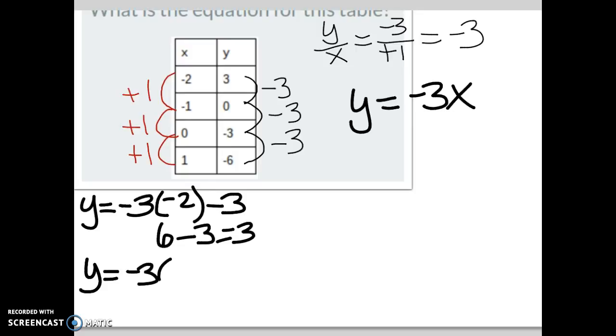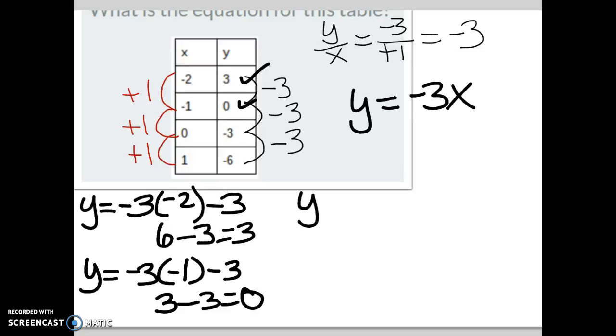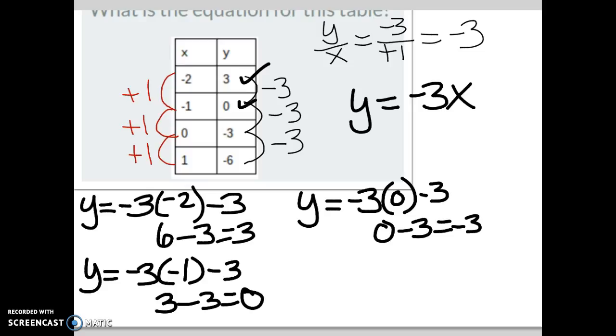So it's negative 3 times negative 1 is positive 3. Positive 3 minus 3 is 0. That's what we got. That checks out. Let's do the next equation. Negative 3 times 0 is 0. Subtract 3. 0 minus 3 is negative 3.